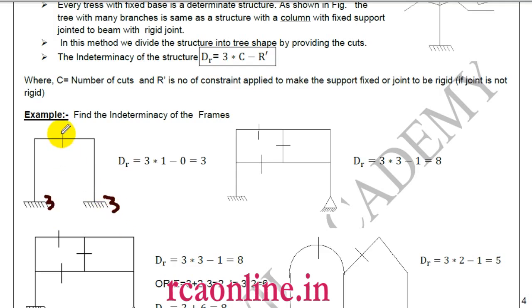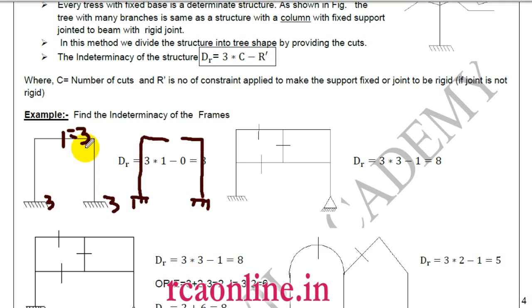If I make one cut here, then that makes 2 trees, one this and one this. So to make 2 trees I require one cut, and one cut gives a static indeterminacy of 3.